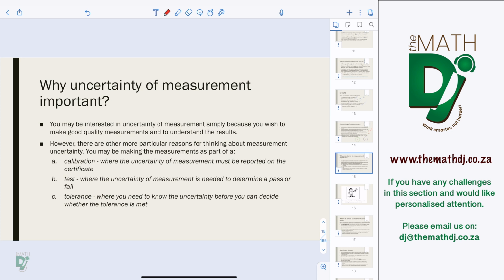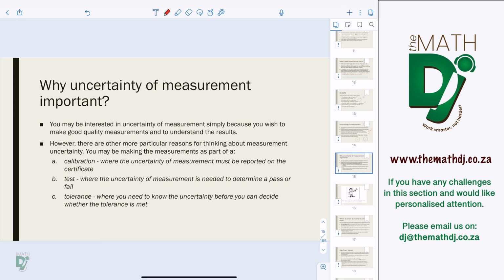You may be making the measurement as part of a calibration, like what I was telling you earlier, that calibration is required as part of industry standards, that your thermometers, your measuring devices for length, must be calibrated so that you ensure that you are making accurate readings or results.